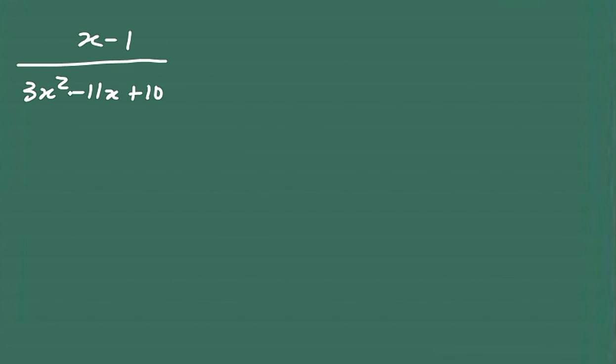When we factorize the denominator of this expression, which is a quadratic expression, we are going to have x minus 1 all divided by 3x minus 5 times x minus 2. So this is the fraction we are going to decompose into partial fractions.